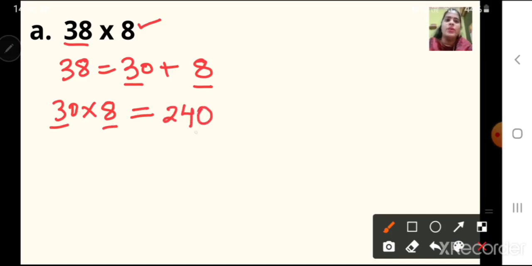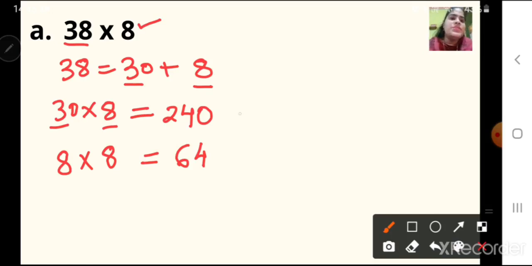So I will put right here 1 zero. So 30 into 8 is 240. Okay. Now after 30 in expanded form we have plus 8. So 8 I will write multiplied by number 8. Okay. 8 8s is 64. So we have got here number 64.